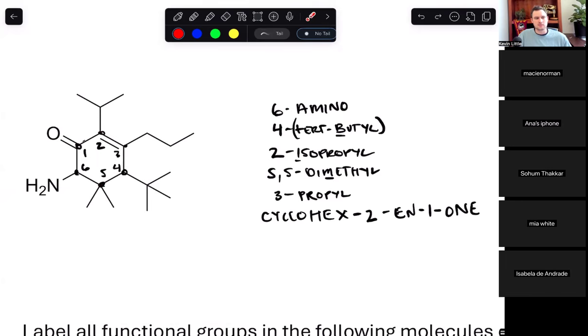So those are independent ideas. The numbers here have nothing to do with the alphabetization at the end. For numbering, it has nothing to do with alphabetical order or highest priority after the first, highest priority group.